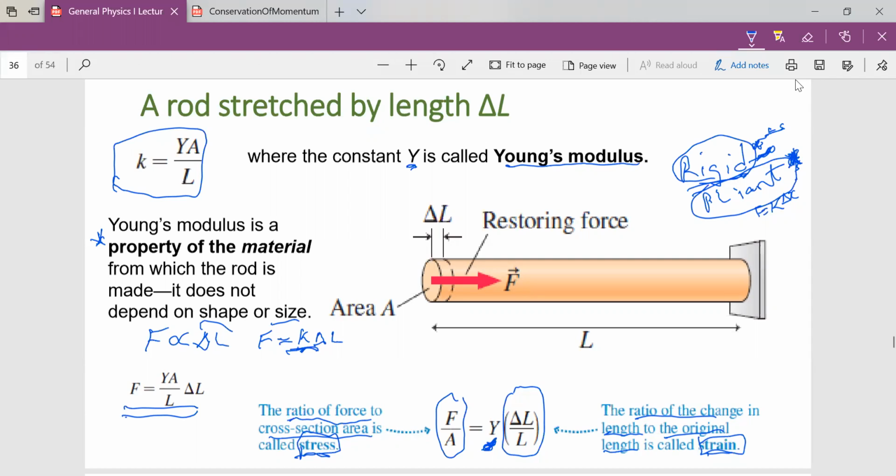Now, for the spring constant of a rod, that is a rigid body, we actually see that it depends on three major things. We can see the force. We are seeing the cross-sectional area, that is from this diagram. This is the cross-sectional area, this is the change in length, and this is the force, as we saw in the first diagram where the hand is applying the force on the rod.